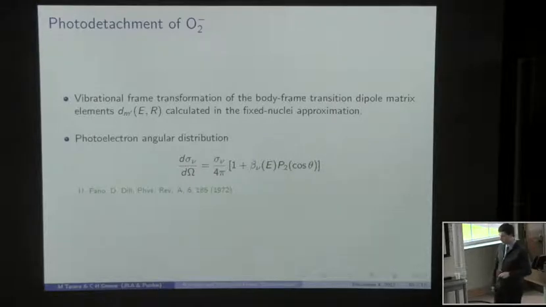Using this, I will be able to calculate the differential cross section into different final vibrational states of the neutral, and to determine this anisotropy parameter and to compare it with the experimental work.